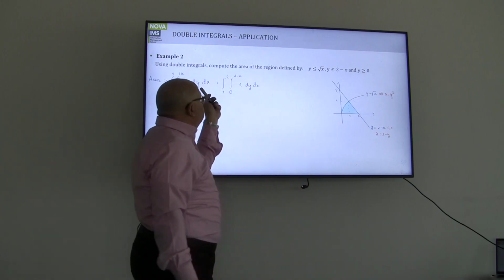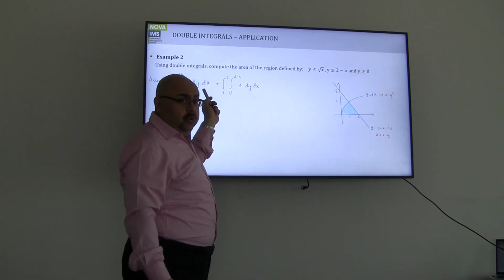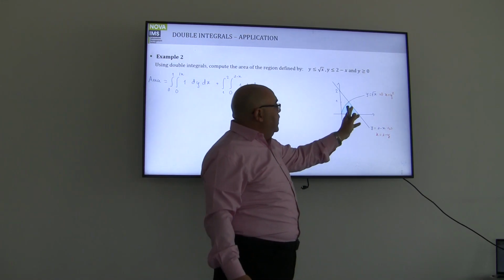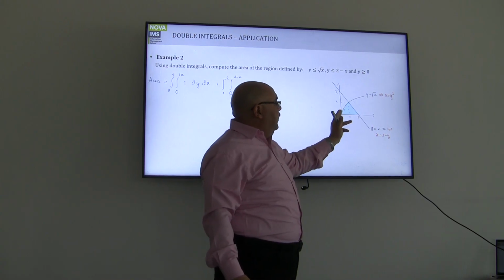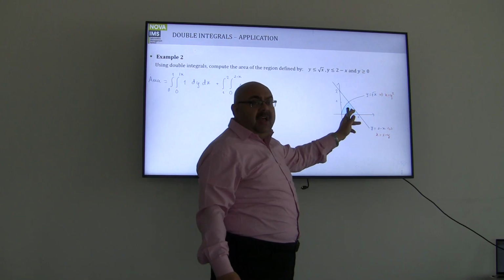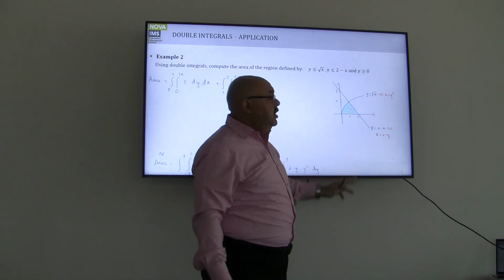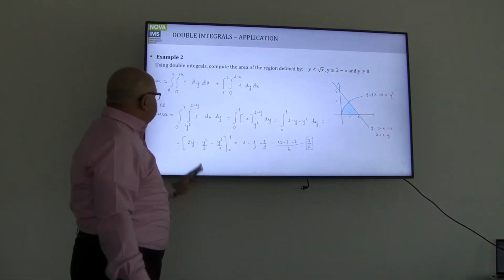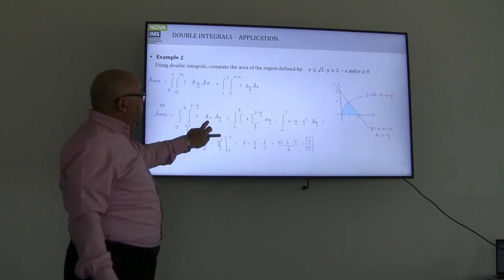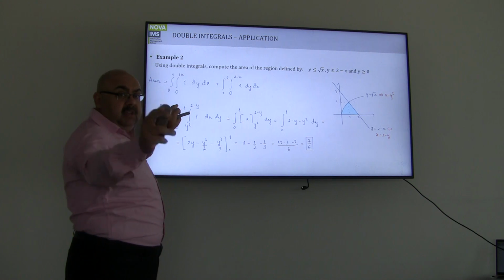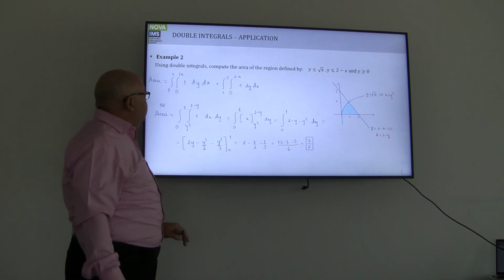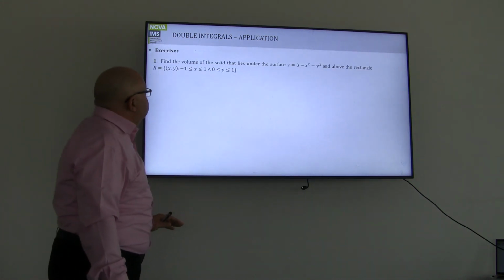Here I prefer to do dy dx just to show you that I can separate this area into the part of the curve and the triangle as you can see. I integrated in the x direction from y squared up to 2 minus y, from 0 to 1, exactly as we did. They have, of course, the same results.